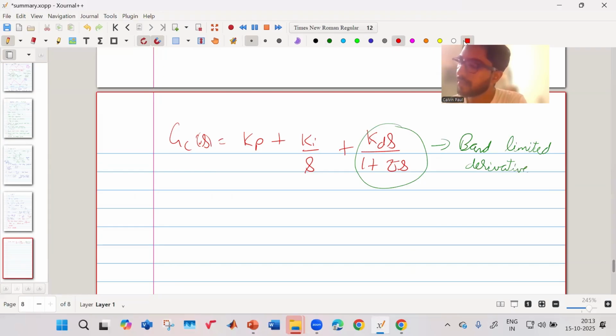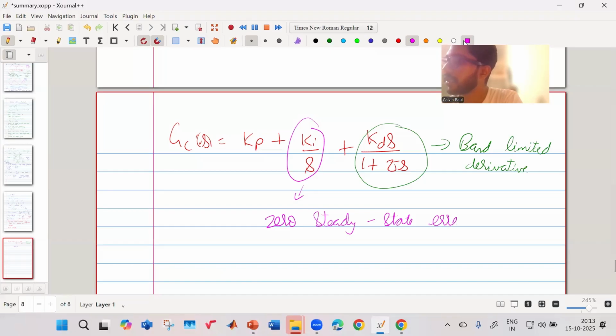KI by S is mainly used for zero steady state error. And if you remember, sir had told us that when you go for time optimal or large signal control, your KI is small and has a negligible impact during the transient response.